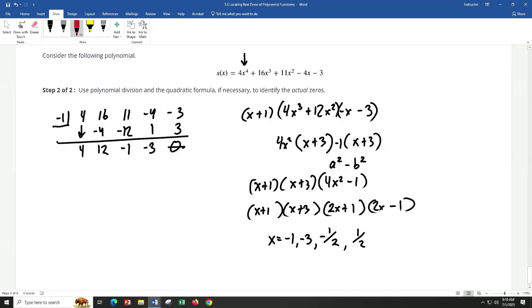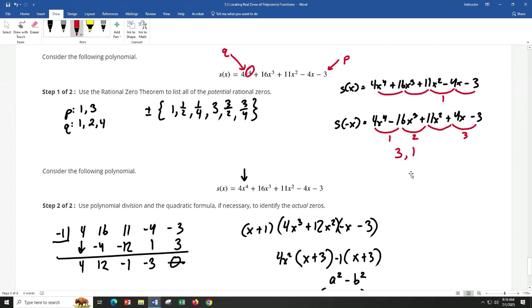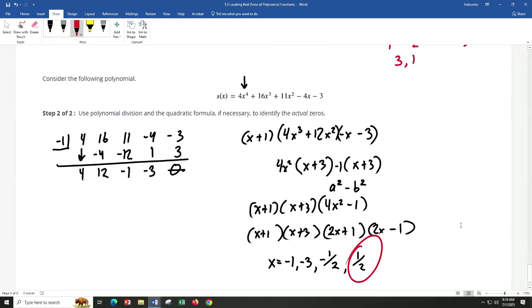I was guaranteed 1 positive. There it is. How many possible negatives could I have? 3. Look up here. At most, I could have 3. Well, how many did I get? There they are right there.